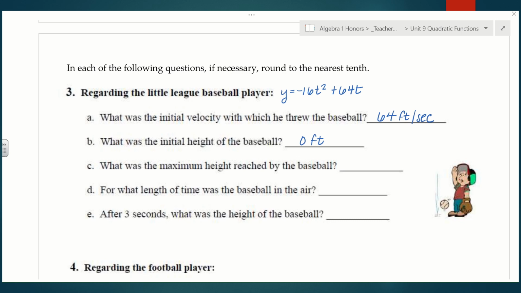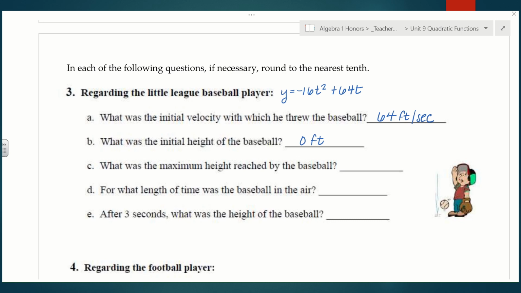So this is where you're going to have to, on your graphing calculator, use the menu Analyze Graph and find the maximum point, and it's going to say lower bound, upper bound, and you're going to go a little to the left of that point for lower bound, a little to the right of that point for upper bound, and it should pop up the point that is considered your maximum.